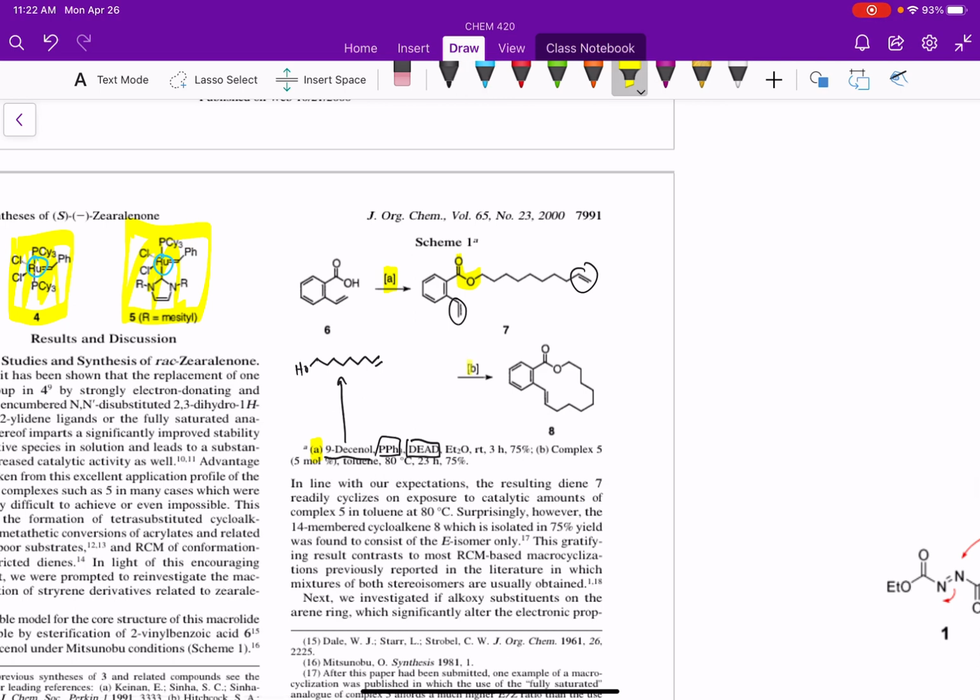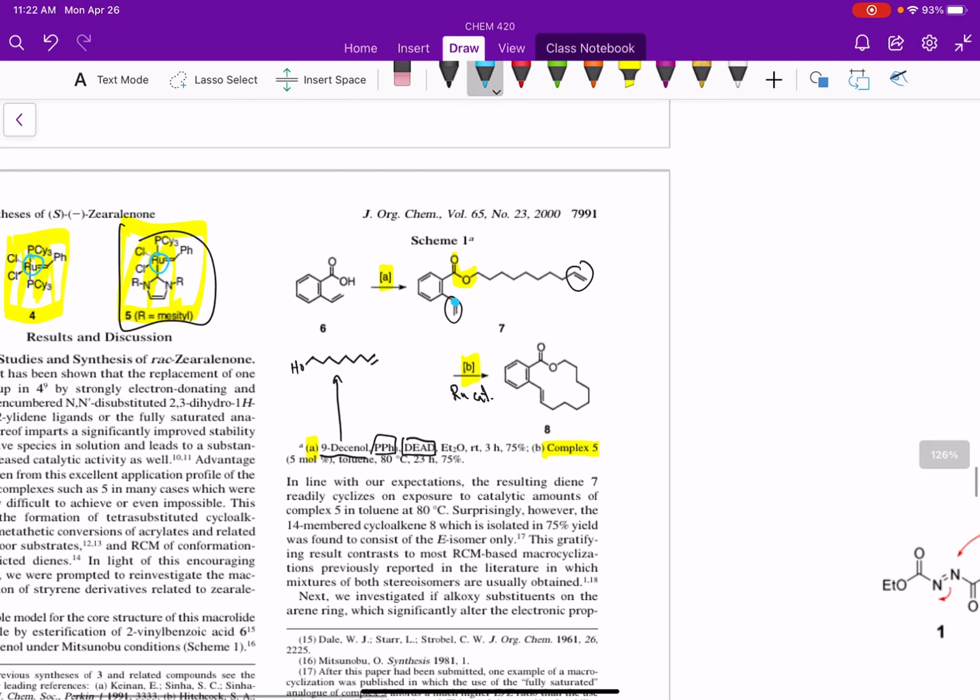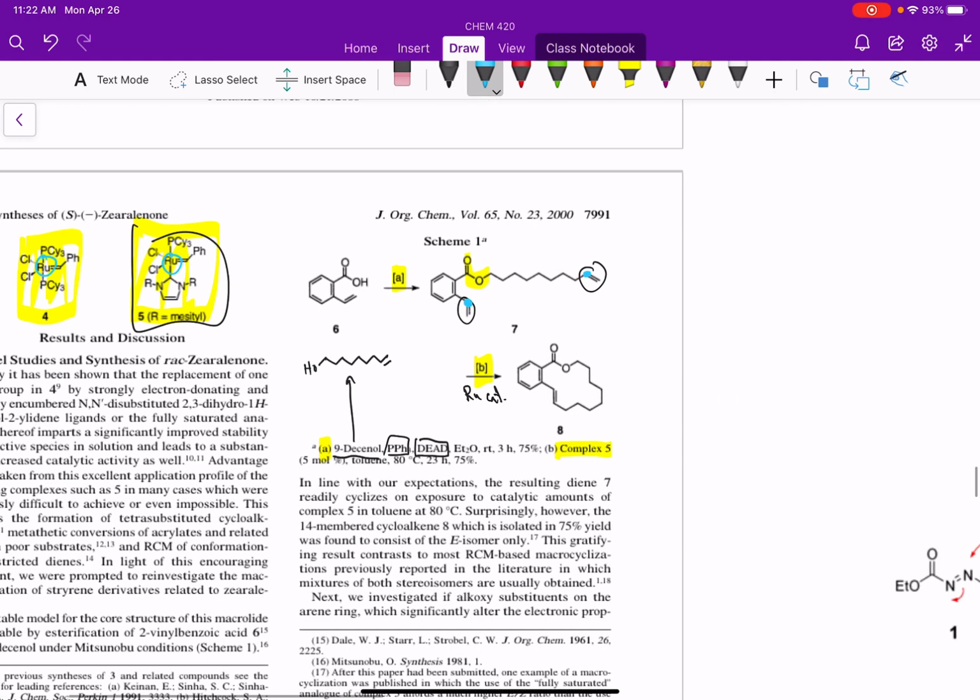In step B, they utilize complex 5, over here. That is our Ru catalyst, our Grubbs catalyst. What you'll see here is the internal carbons are the carbons that are connected, those 2 carbons in blue. We number these 1, 2, 3, 4, 5, 6, 7, 8, 9, 10, 11, 12, 13, 14, 15, 16.